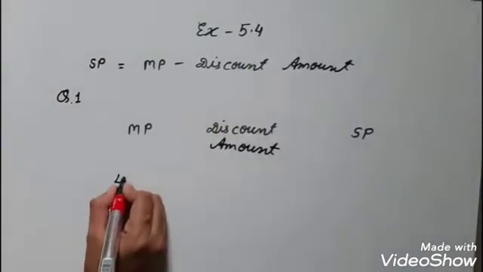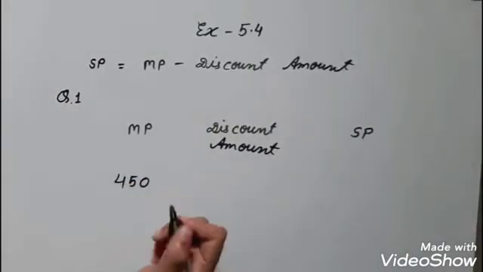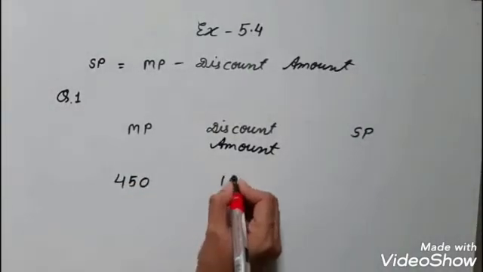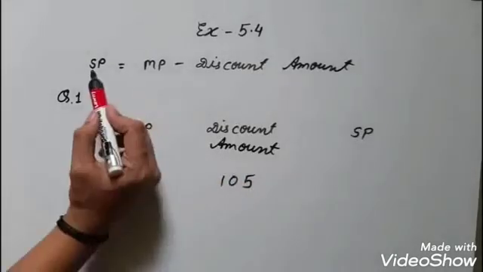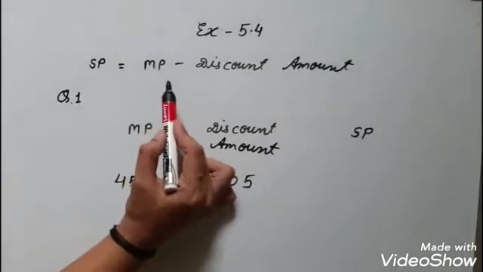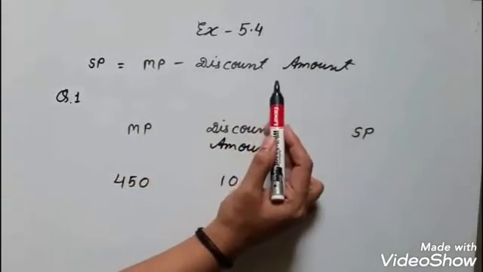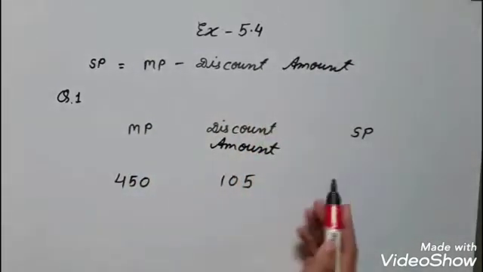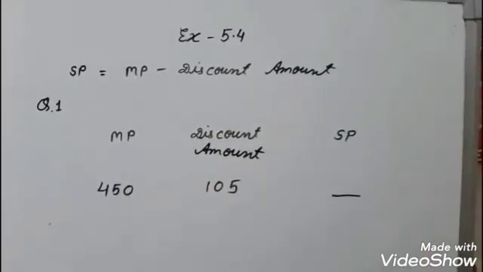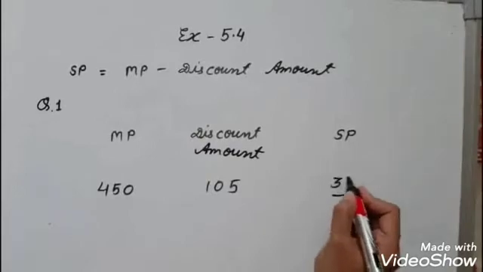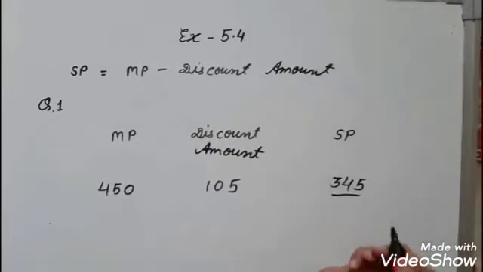In first one, marked price is given and discount amount is given. So directly you can use this formula of selling price, marked price minus discount amount. So after subtracting, you will get your answer. Answer is 345. Selling price is 345.